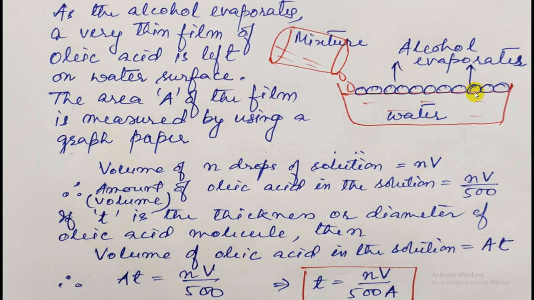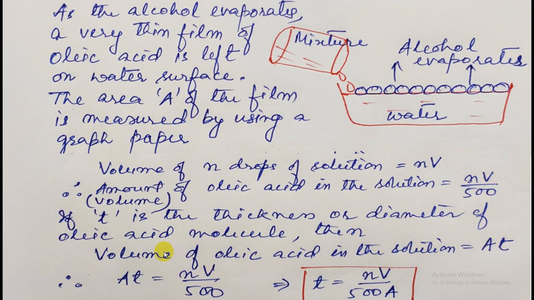And if t is the thickness or the diameter of the oleic acid molecule, and the area calculated is A, then the volume of the oleic acid will be A into t. But we have already calculated the volume of oleic acid to be nV by 500, so At is another expression, and they represent the same thing.